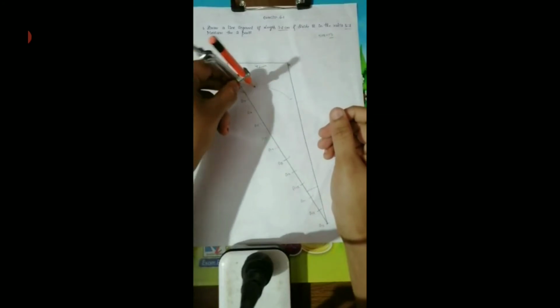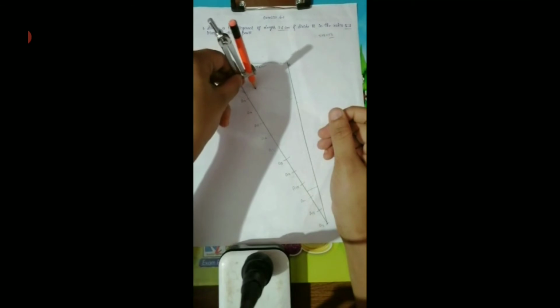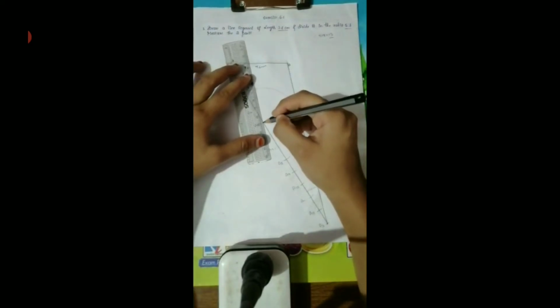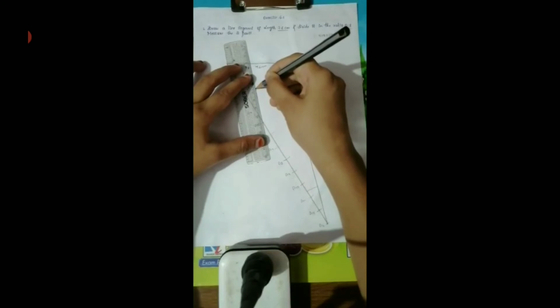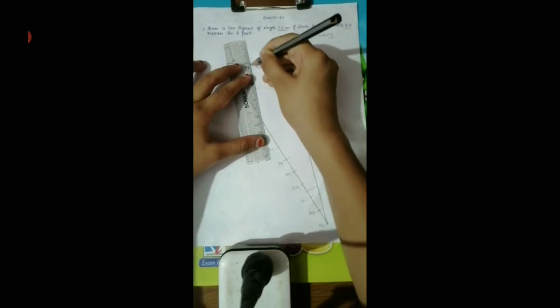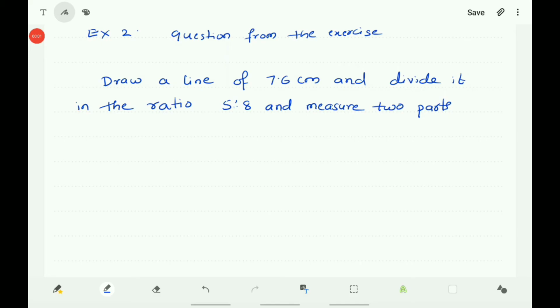Like this way you cut it, you will get a point of intersection of the previous curve and this curve, and join that point to meet and produce that point to meet the given line AB, and also observe the same construction done by the other student.